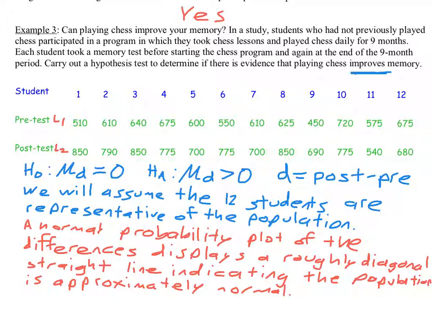So a normal probability plot of the differences displays a roughly diagonal straight line indicating the population is approximately normal.